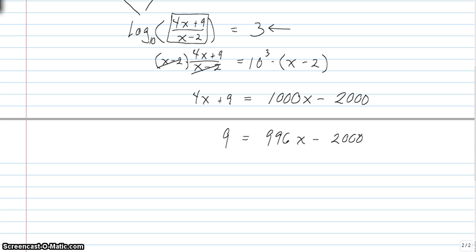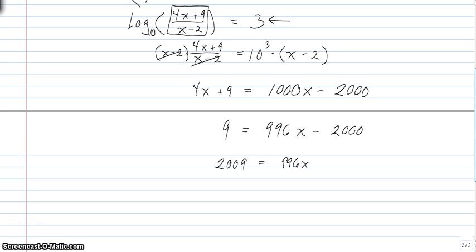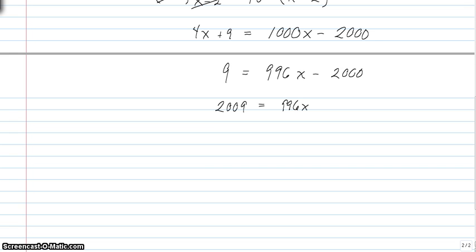And then I'm going to add 2000, which would give me 2009. And then divide by 996.